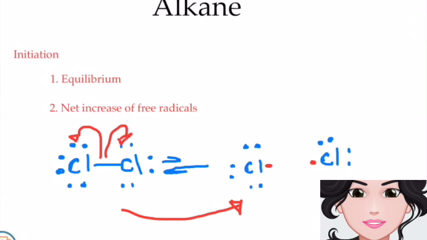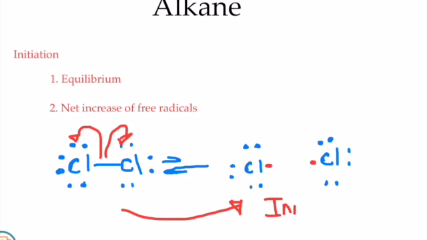As we can see, there is a net increase in the number of free radicals. So this is an example of initiation. For the DAT, just look where the radicals are. If you see the radicals as the product, you might right away in 2 seconds pick initiation.